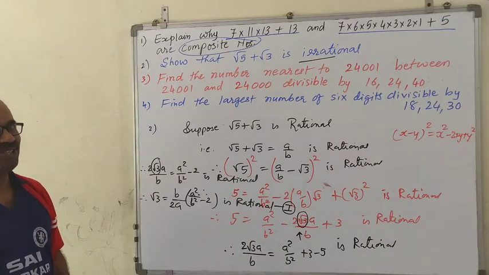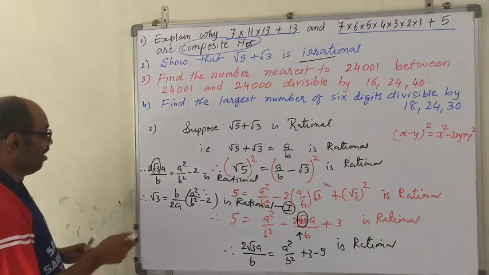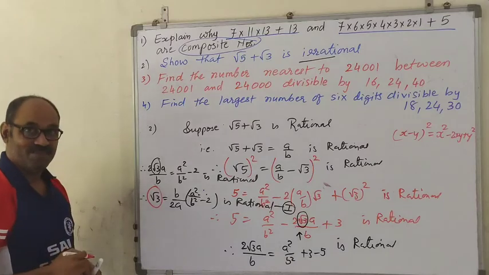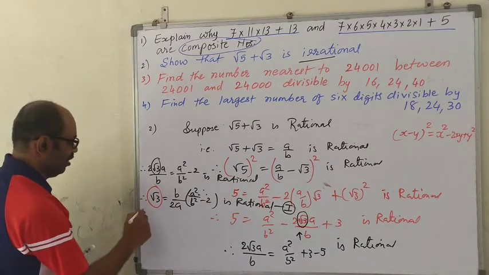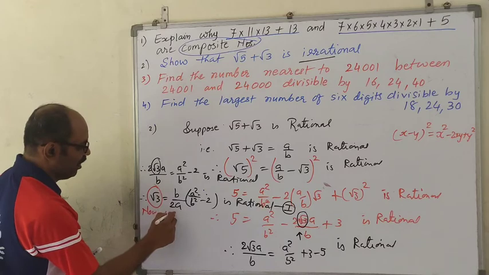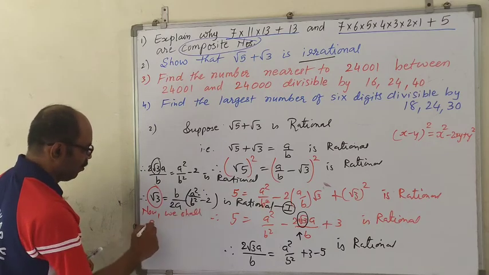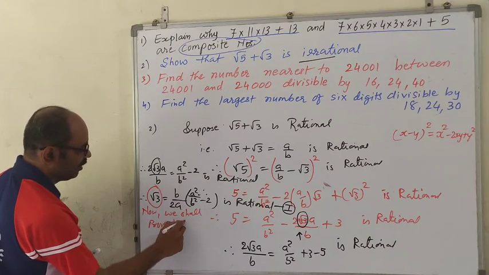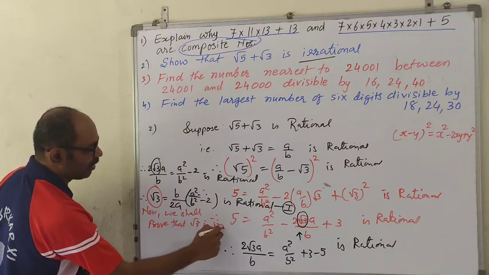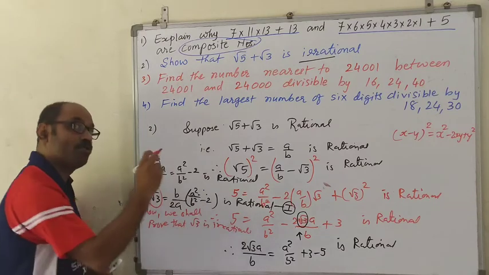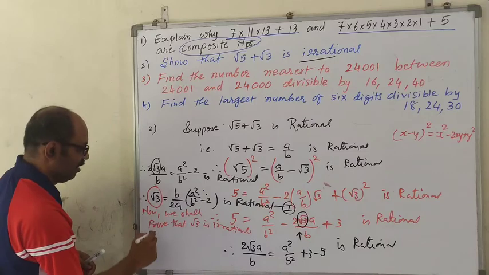अब क्या करेंगे बच्चों? Now we have to prove that root 3 is irrational. Now we shall prove that root 3 is irrational. और वो शुरुआत करो फिर क्या?